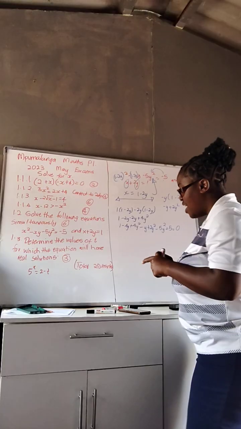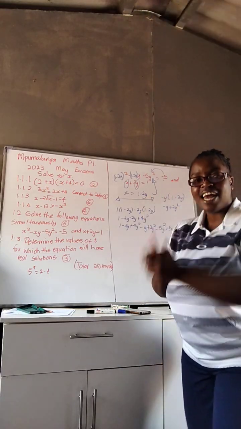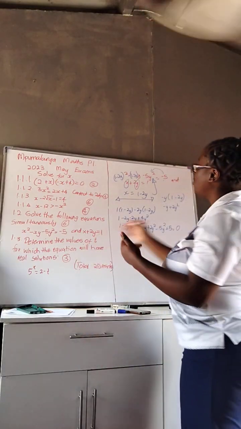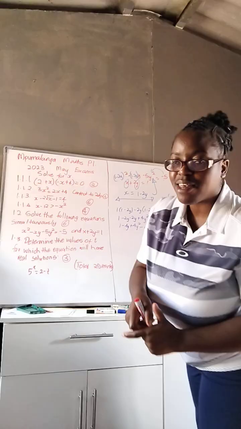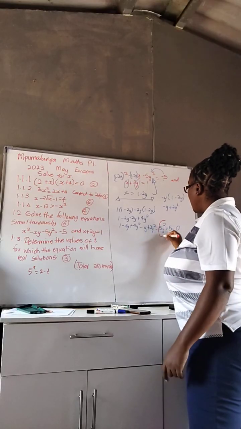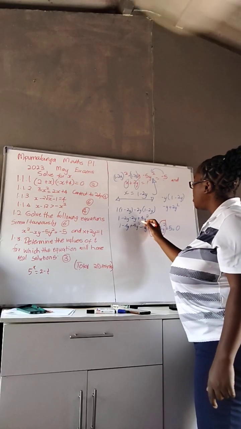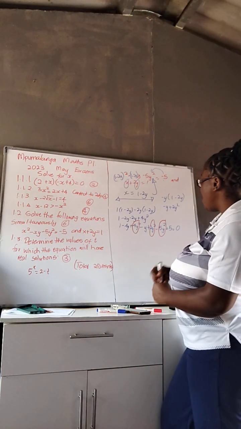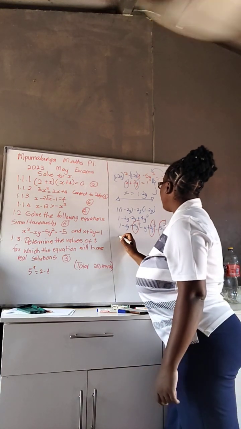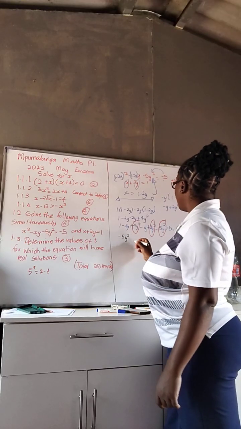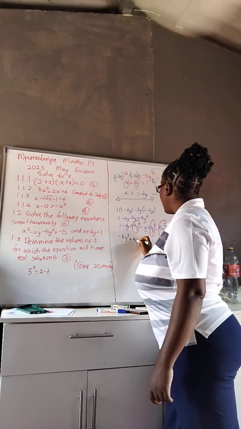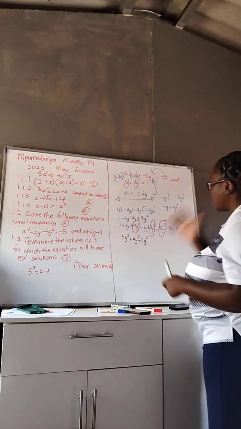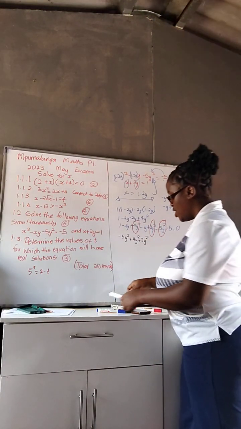So what do we do? We collect the like terms, the like variables. What are the like terms here? Number 1, we have this, this, and that. So we are going to have minus 5y squared plus 4y squared plus 2y squared. Perfect. Let's go for the other variables.